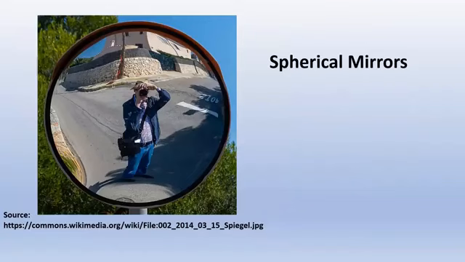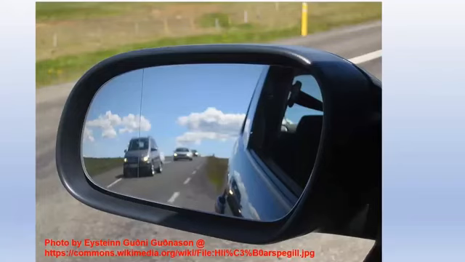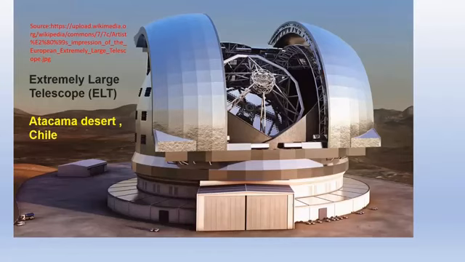We see spherical mirrors in our day-to-day life at various places. This is a mirror kept on the roadside. This is a convex mirror used in a vehicle. This is a concave mirror which is used in a telescope. This is an extremely large telescope present in the Atacama Desert in Chile.